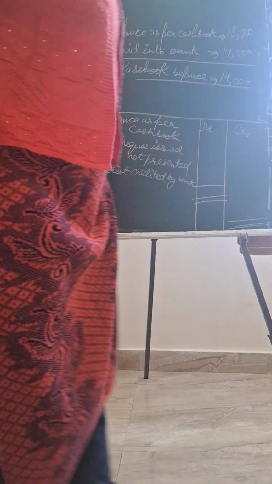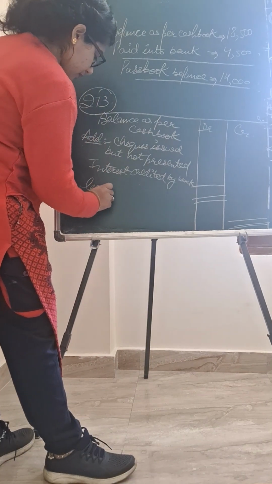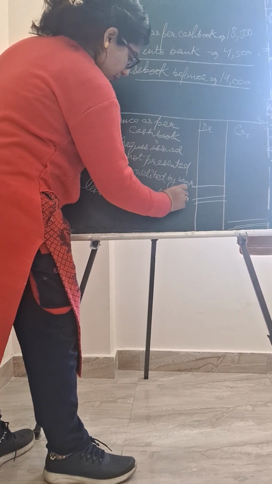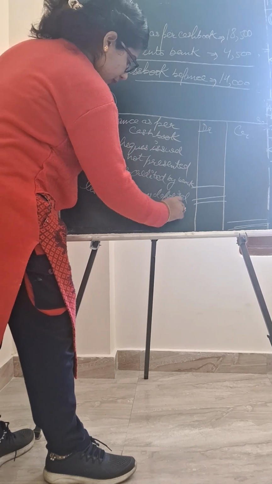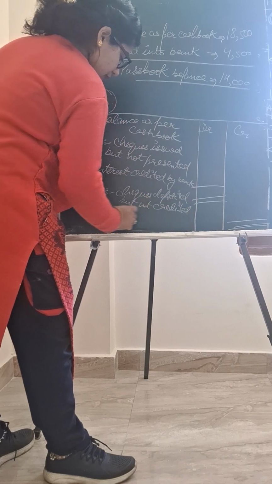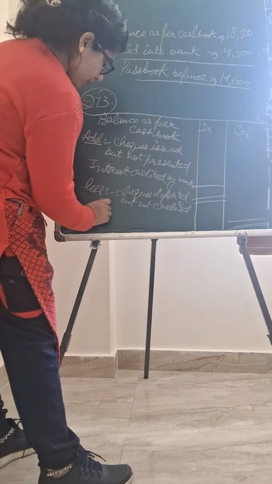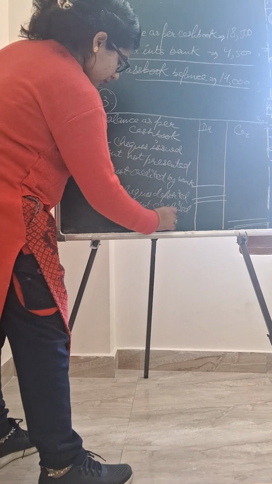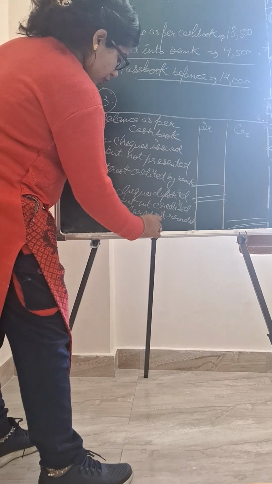Less checks deposited but not credited. One thing is this, checks deposited but not credited, and next is bank charges not recorded in cash book in CB, that also we will minus.